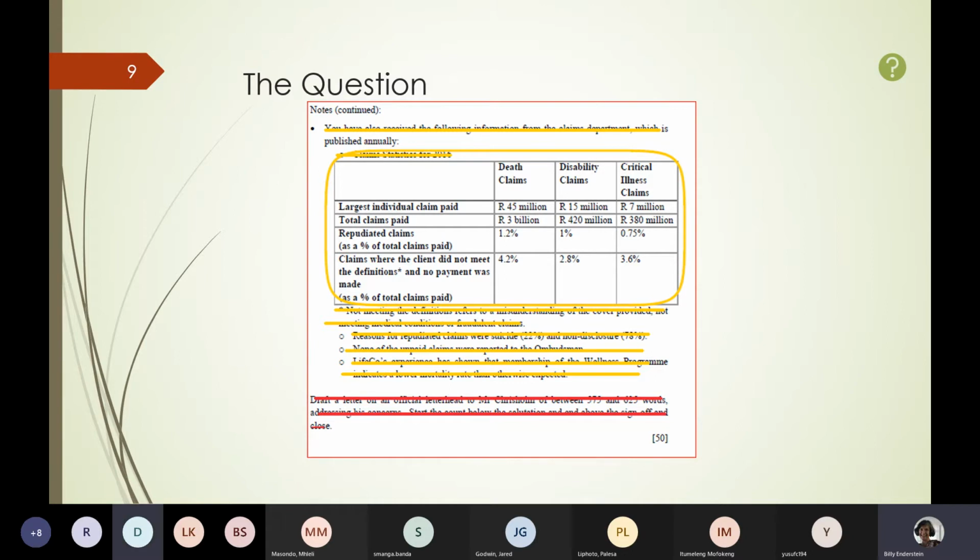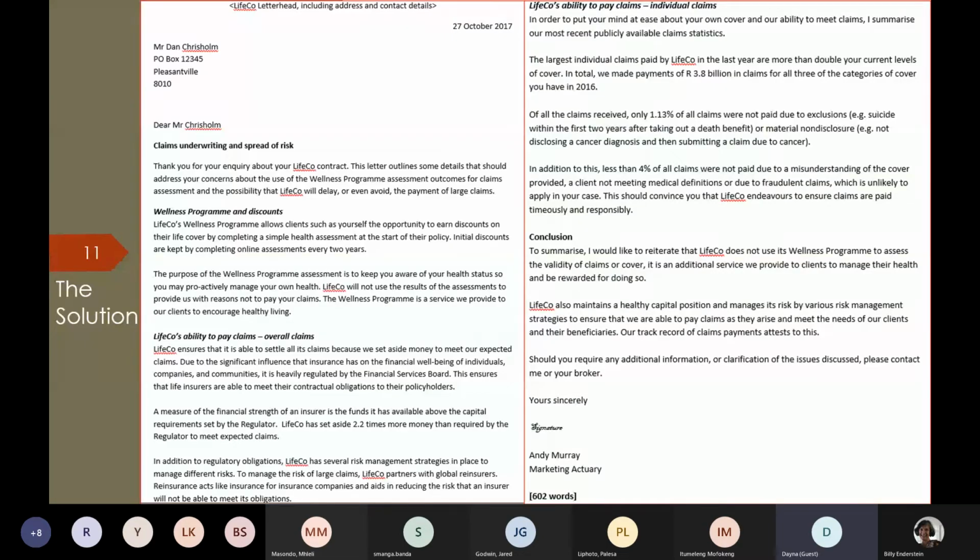Dana? Hi, thanks, Billy. Thank you, Jared, so very much. My question is with the opening paragraph. If you can just go back to, I think it's slide. There you go. Thank you. So my concern is just with the opening line, thank you for your inquiry. So to my understanding, the inquiry came from Bongani.